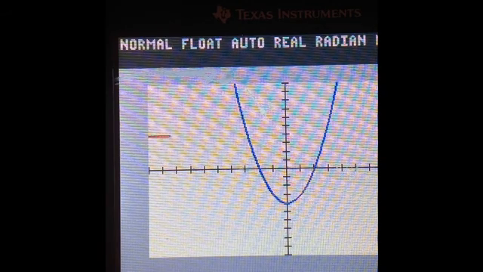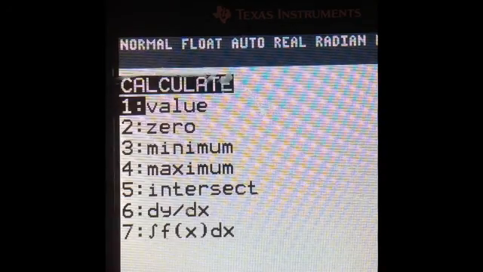So the blue graph is the x squared minus 4, and the red graph is y equal 4 minus e to the x plus 1. We want our two intersecting points because they're going to be our lower bound and our upper bound. So we're going to use our intersecting feature.